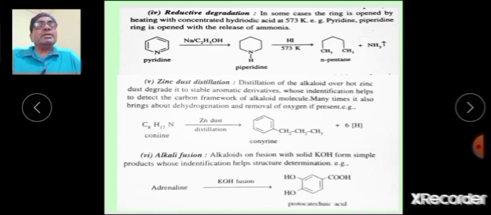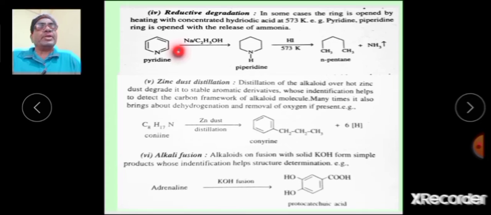Now, reductive degradation. Here is one of the degradation methods. In some cases the ring is opened by heating with concentrated HI at 573 Kelvin. For example, pyridine is reduced to piperidine by heating with HI.